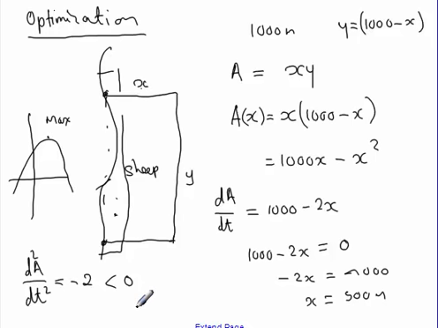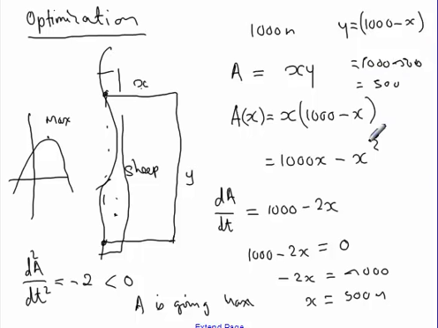The area A is going to be maximum. Now if they say find that area which is maximum, what are you going to do? You come back here, you know x is 500, then this is 1000 minus 500, and then this is 500.